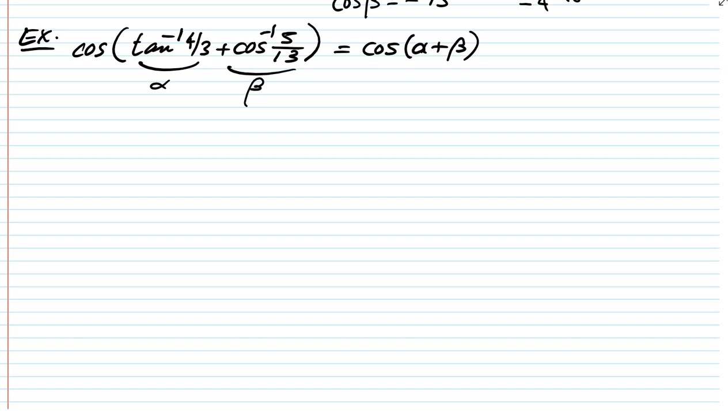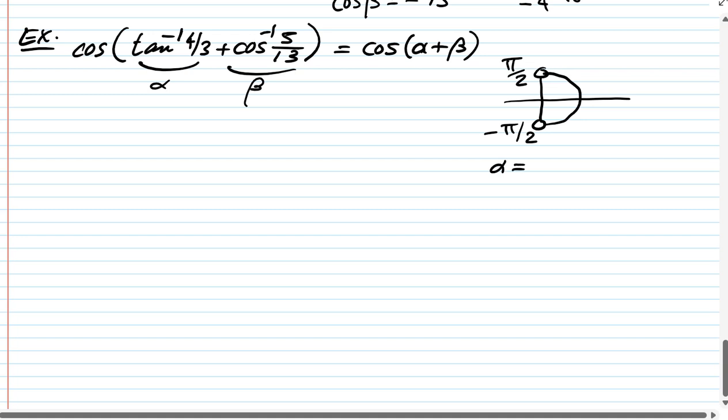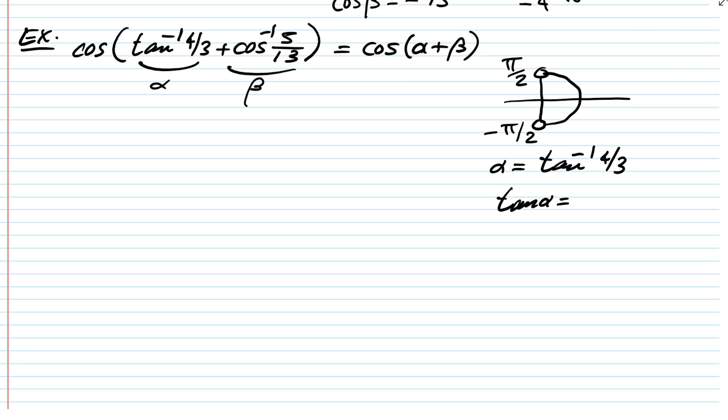Let's try tangent. The range of tangent is, let me draw this. Yeah, that's fine. This is the range of tangent, right? From the earlier work, from negative pi over 2 to pi over 2. The fact that alpha equals arctan of 4/3 means tangent of alpha is 4/3.